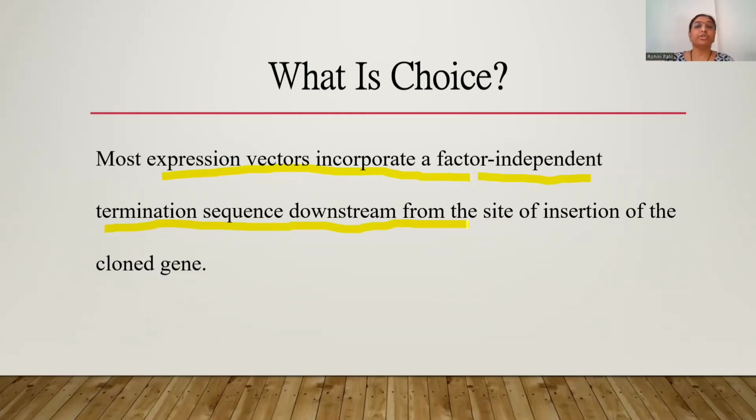Also, as it is not utilizing any energy, there is no ATP hydrolysis, the gene is accepted by E. coli, as it is not requiring energy for the termination of transcription. So when choosing the termination site for the foreign gene to be cloned into E. coli, that site is a factor independent termination sequence.